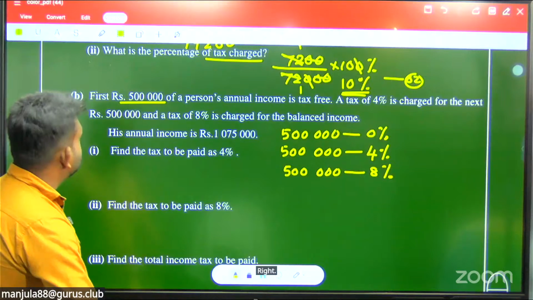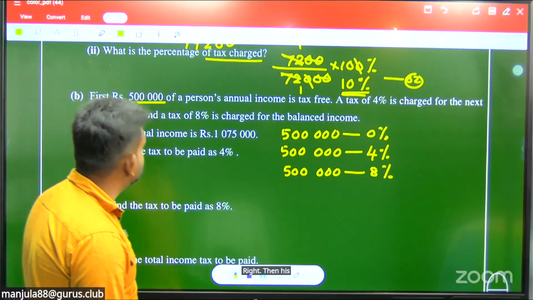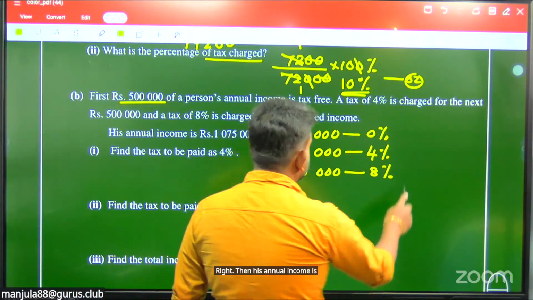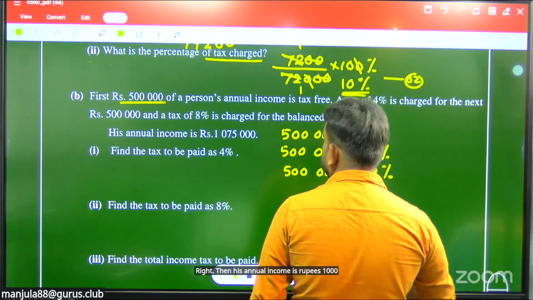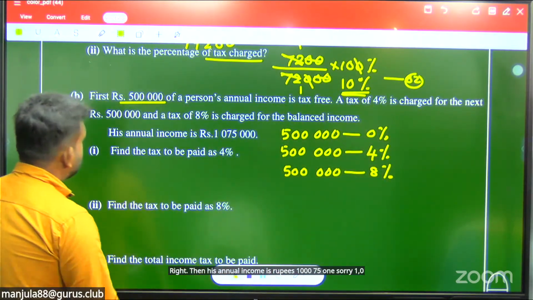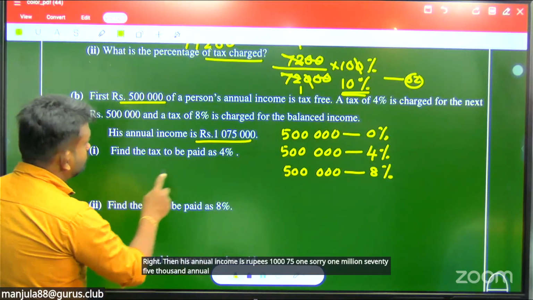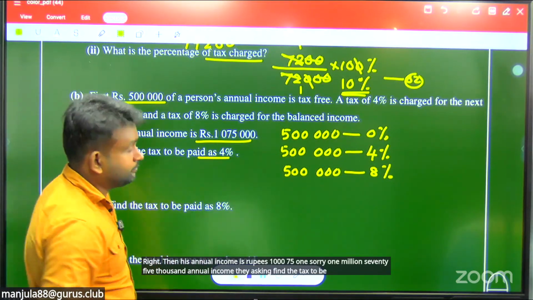Then his annual income is rupees 1,075,000. They ask to find the tax to be paid as 4%.